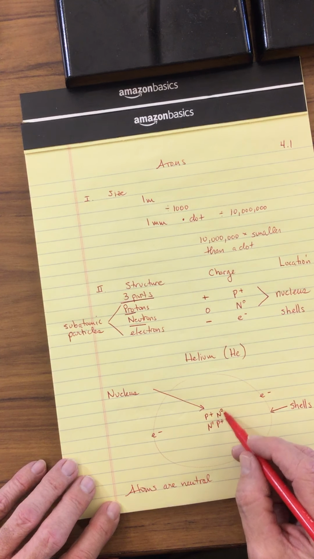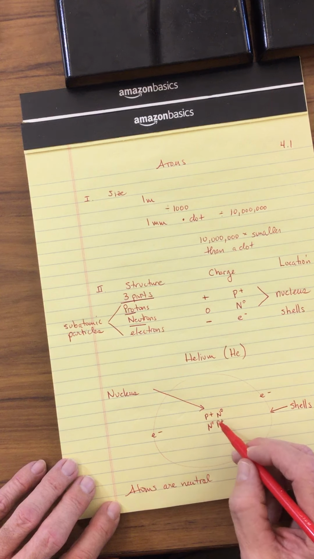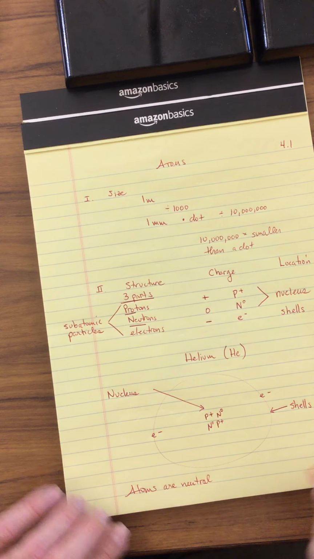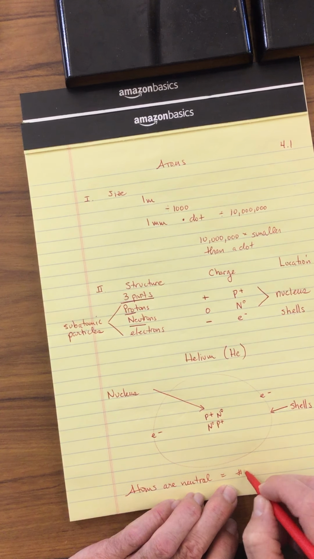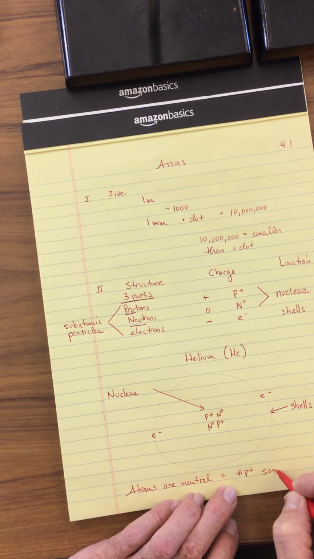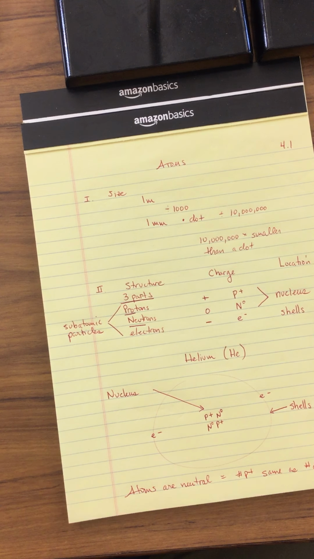The neutrons really don't play any part in the charge, but we have 2 positives, 1, 2, and we have 2 negatives, 1, 2. So because an atom is neutral, the number of protons is going to be the same as the number of electrons. The number of positives must be the same as the number of negatives.